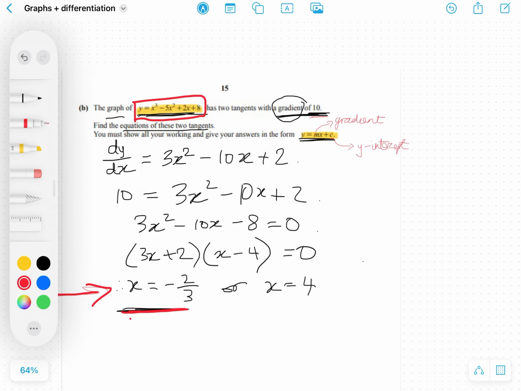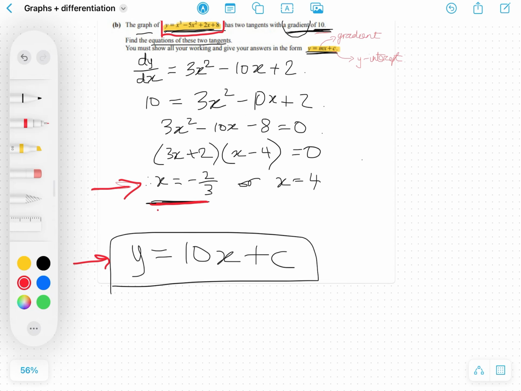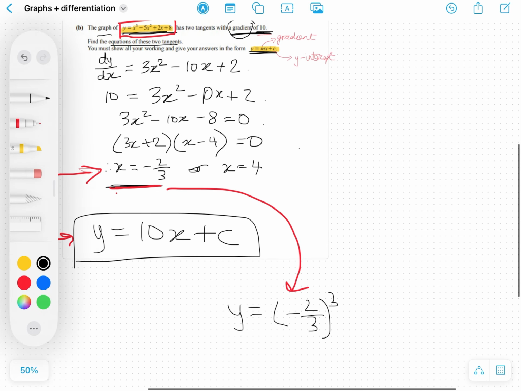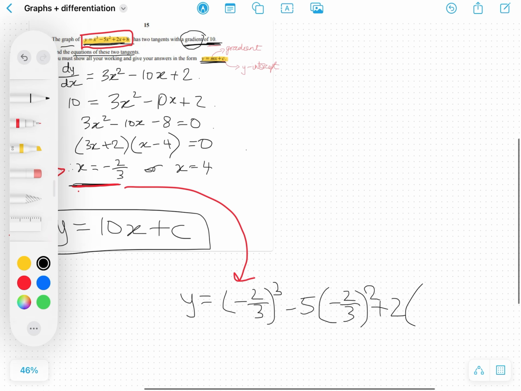So we get y is equal to negative 2 over 3 cubed minus 5 times negative 2 over 3 squared plus 2 times negative 2 over 3 plus 8.